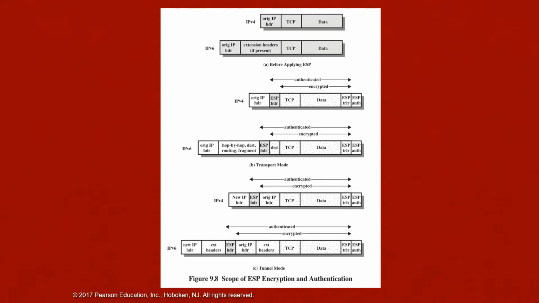Whereas the transport mode is suitable for protecting connections between hosts that support the ESP feature, the tunnel mode is useful in a configuration that includes a firewall or other sort of security gateway that protects a trusted network from external networks. In this latter case, encryption occurs between an external host and the security gateway, or between two security gateways.